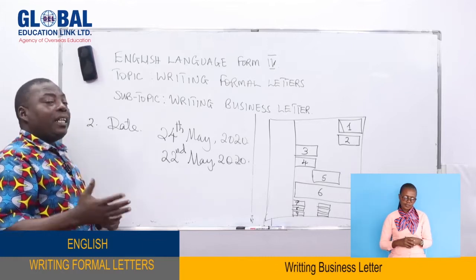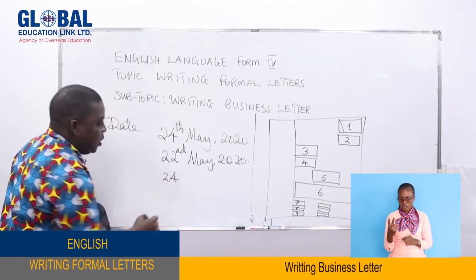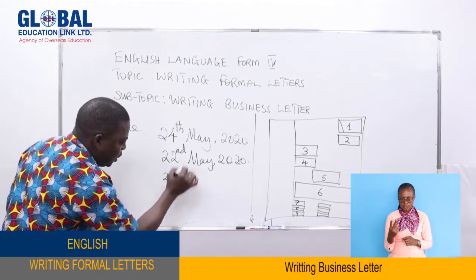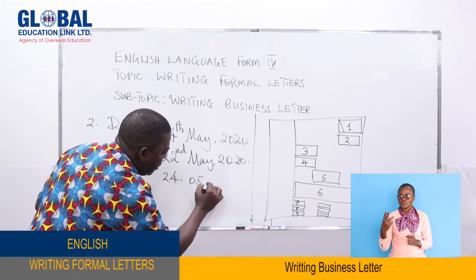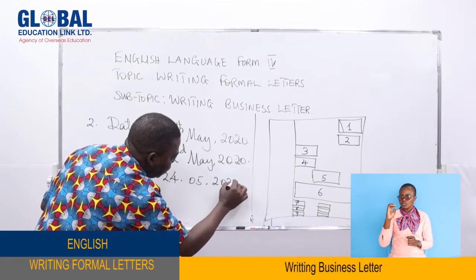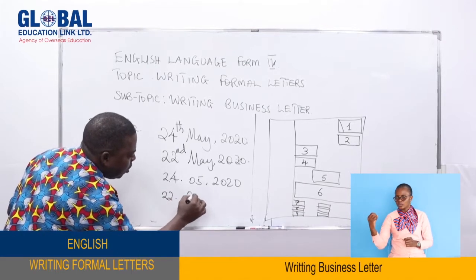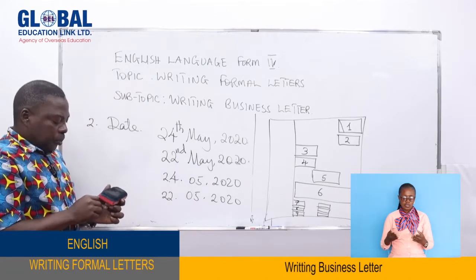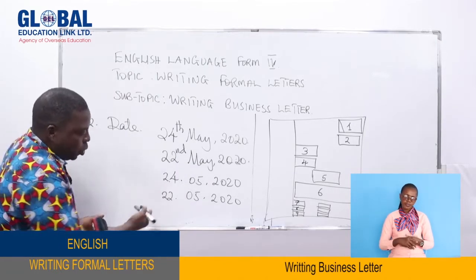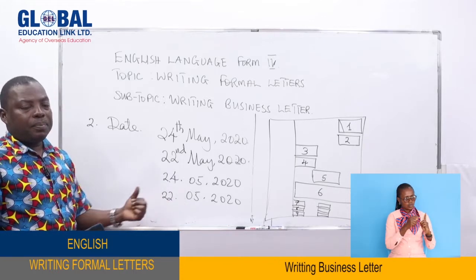But if you want to write it in numbers, then the two could turn into this number. You talk about 5th, and it is 2020. Or similarly, this one could be written like this. So this is what we call writing a date in numbers.